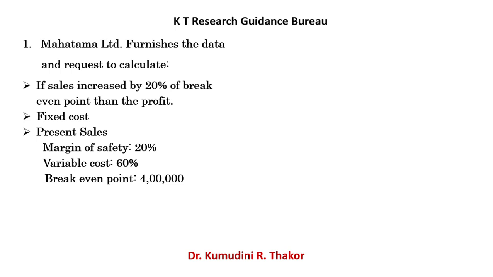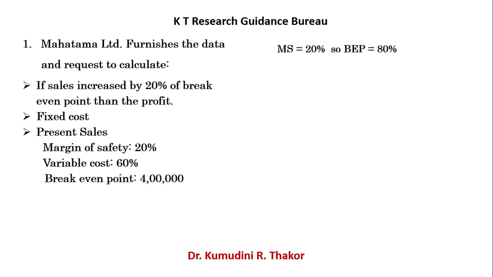So obviously you can understand that your BEP is at 80% level. Variable cost is 60%. So obviously your C equal to 60% and break-even point is given. So with the help of this data, we will try to find out the required item.